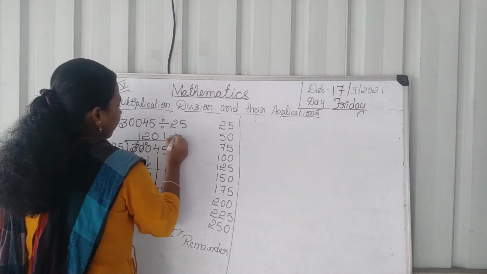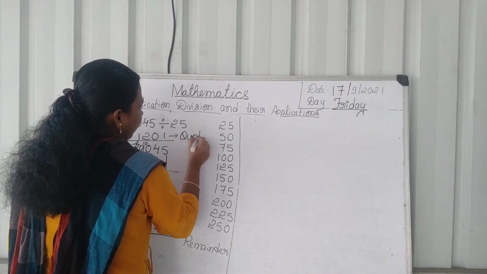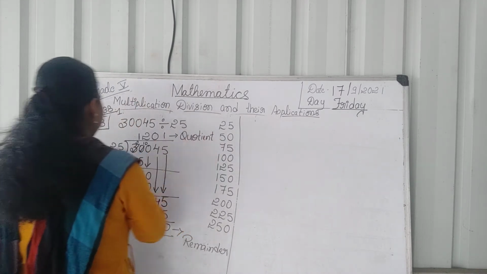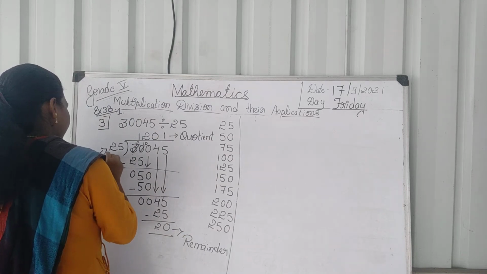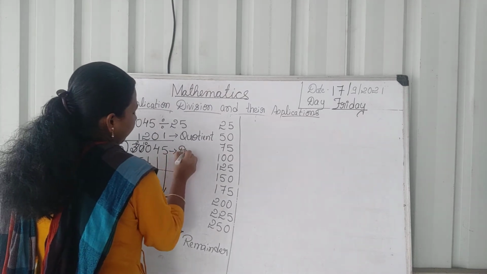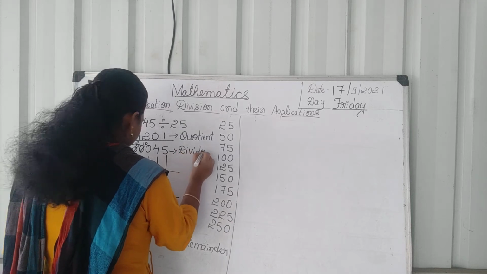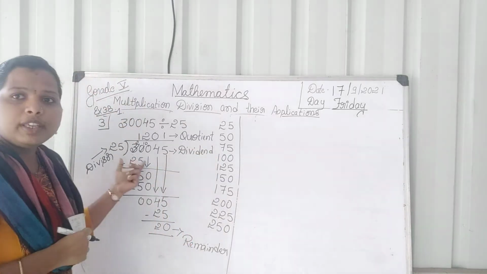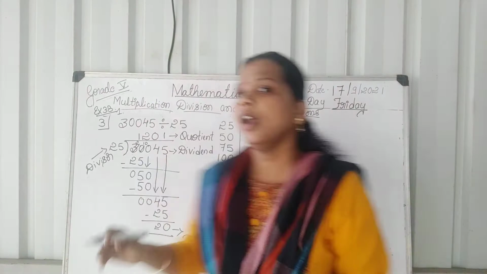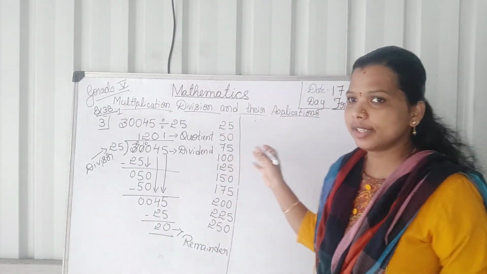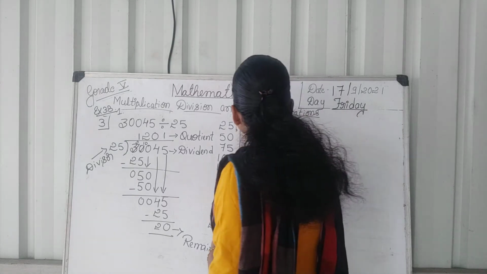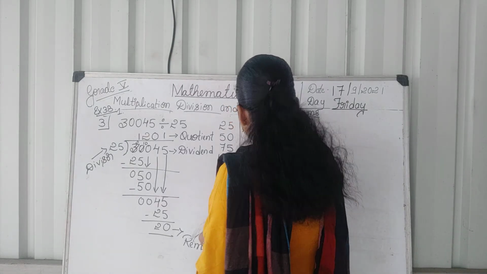And this is the quotient, this is the divisor, and this is the dividend. Now we can check this division using the formula: divisor into quotient plus remainder is equal to dividend.